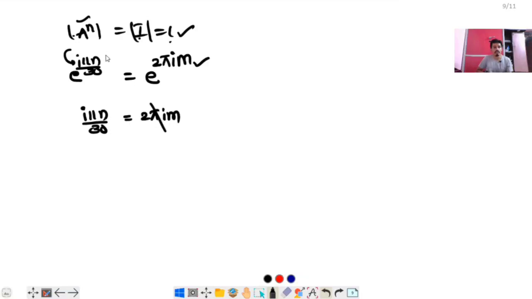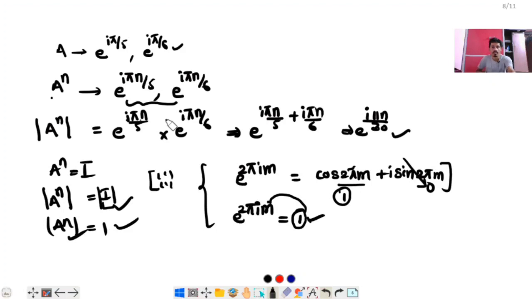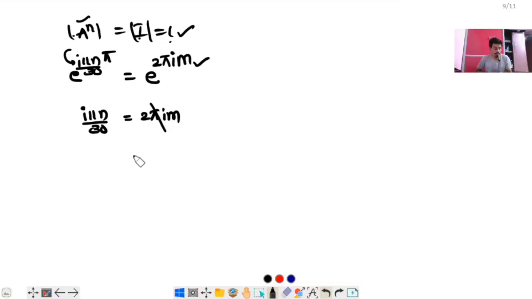Pi cancels, iota also cancels, you get 11 by 30 into n is equal to 2m.